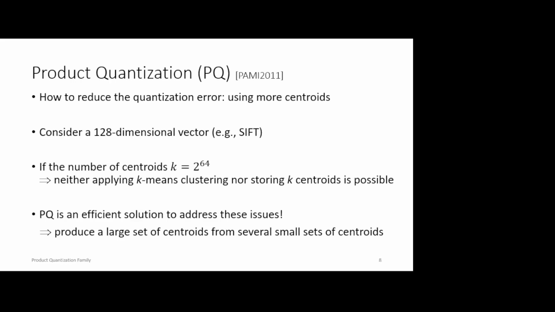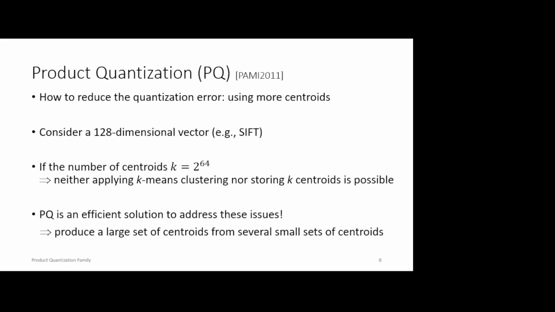Think about if you use only 10 clusters, and on the other hand you use 100 clusters. Which one can give you a smaller quantization error? 100, right? Because you will generate more centroids, and with each centroid you can partition the space into smaller regions. So it can reduce your quantization error.